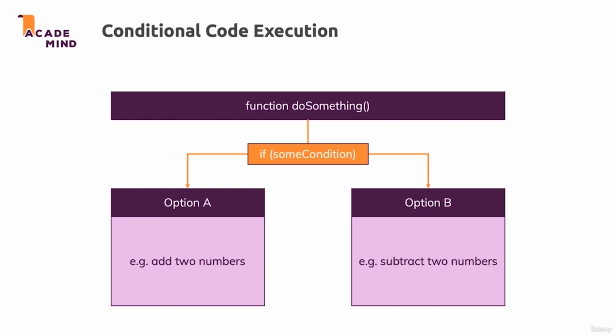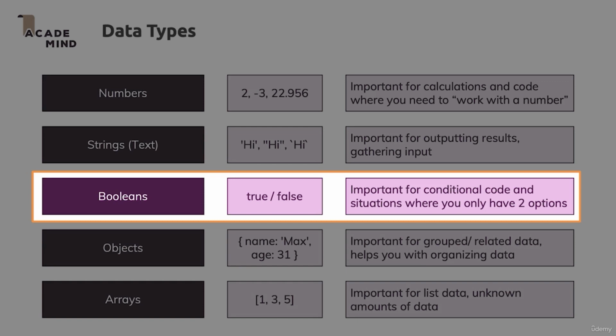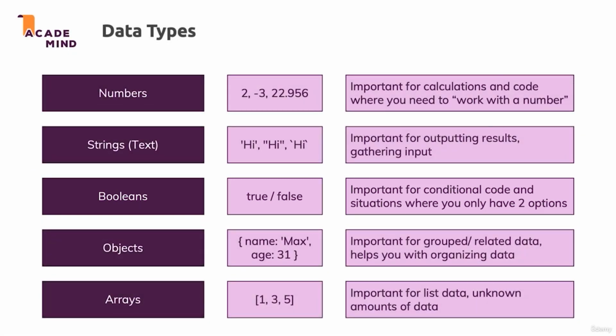Now, if statements require conditions. You specify a condition that must be met. And a condition is in the end just a Boolean value. You remember that strange Booleans part I mentioned earlier in the course? Well, that's becoming important right now. This was this special kind of value which could only be true or false.